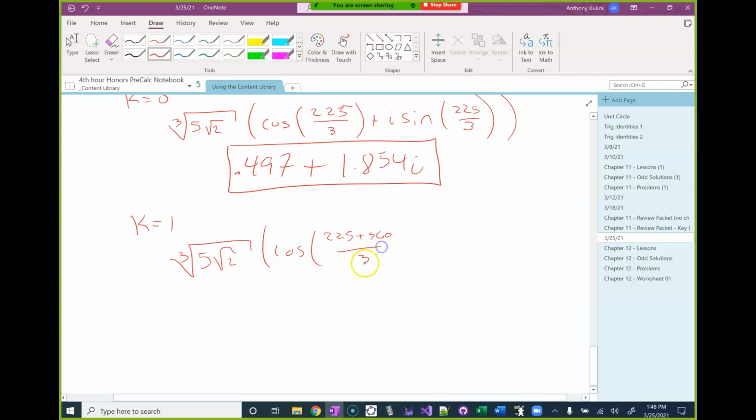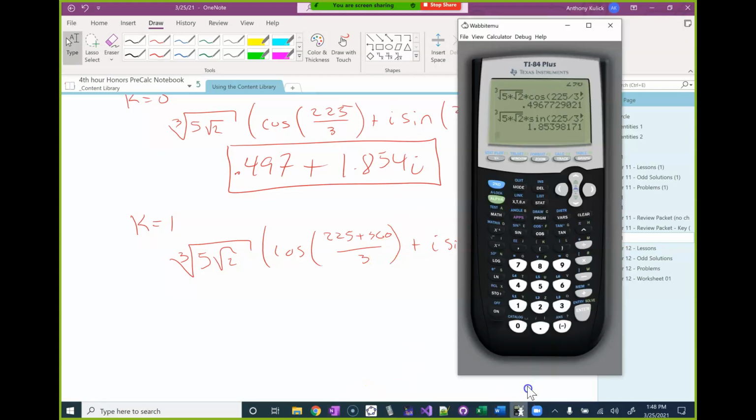So in case 1, same thing, but I'm going to be adding 360. So instead of 225, I want 585. So I'll just go back and alter that and change it to 585. So there's my A. And I'll change that to a sine.